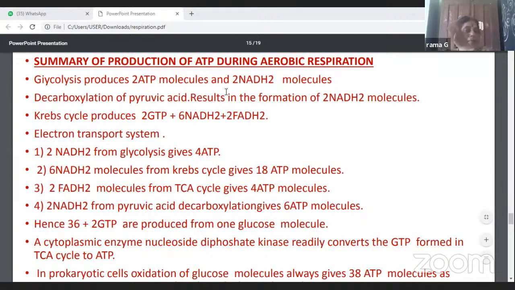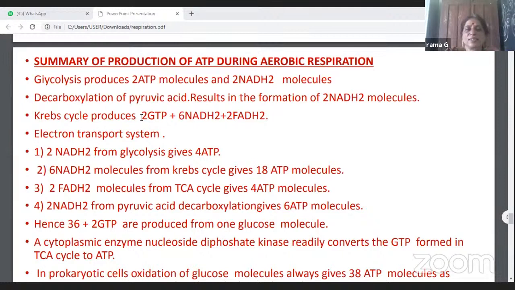Then next step is Krebs cycle. And before starting this Krebs cycle, there is one more interconnecting stage in which a decarboxylation reaction takes place, and that is a mediating step, or a connecting step, between the glycolysis and Krebs cycle. Why? This pyruvic acid, which is the end product of glycolysis, cannot enter into the Krebs cycle directly, because it is the acid which cannot take part in this Krebs cycle directly.